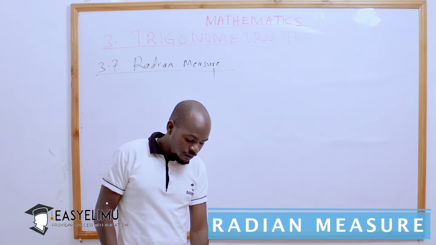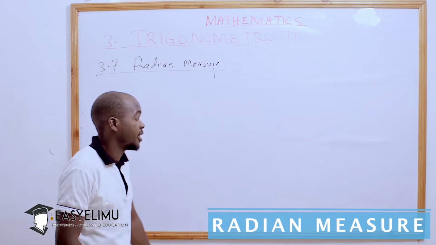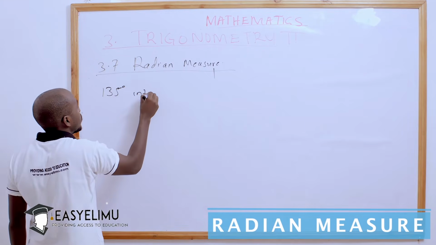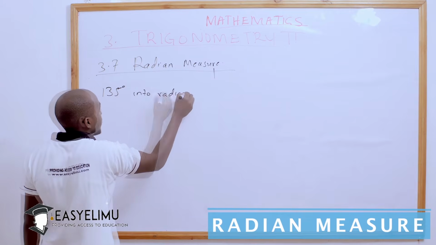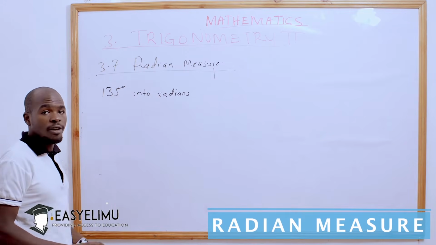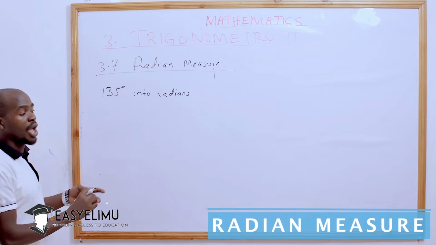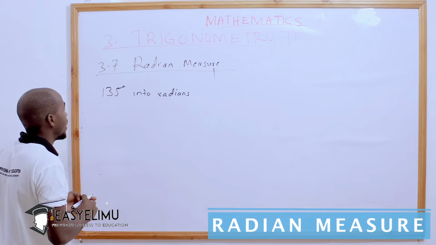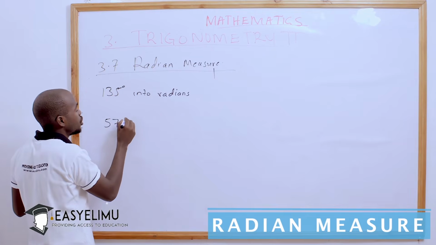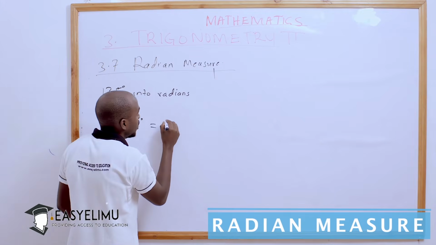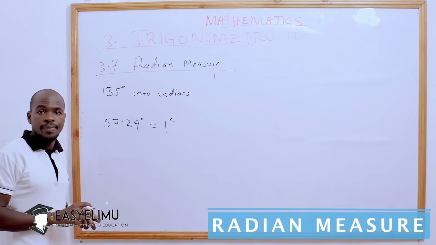We have been told: convert 135 degrees into radians. What you do here is you relate what we have there. We shall say 57.29 degrees, we have found, is equivalent to 1 radian.